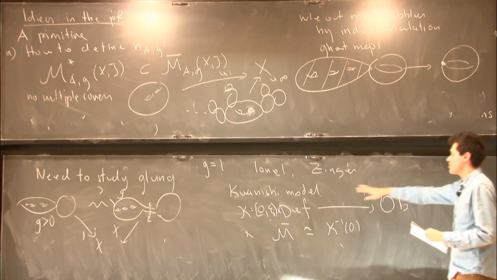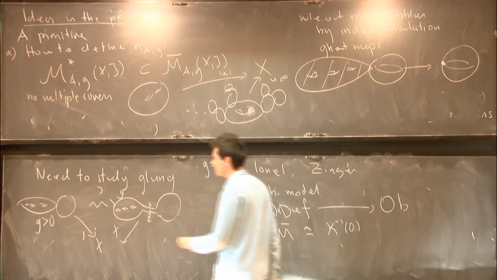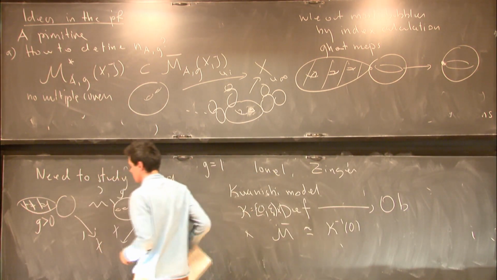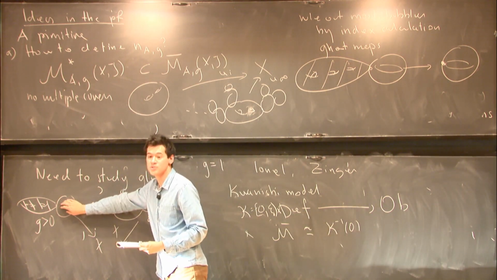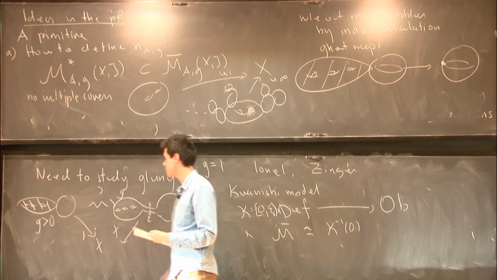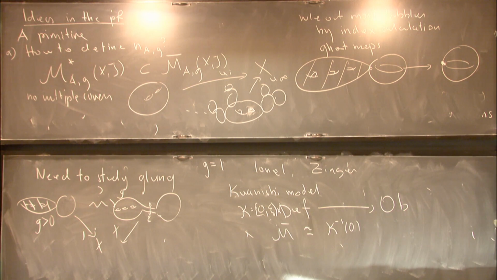But now these deformations and obstructions are quite easy to understand in this special case, because you know that your map is actually constant here. So if you just forget about this, let's say that this map was unobstructed, rigid on this component, then you know what the deformations and obstructions of the constant map are.